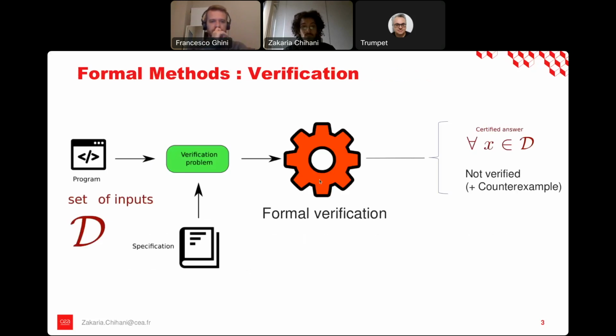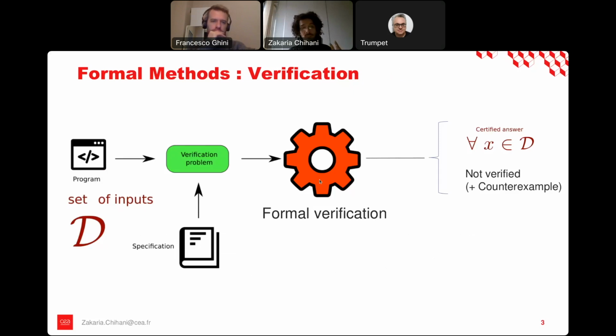So we're going to see two main families of formal methods. The first one is verification. In the broad sense, when we have a verification problem, we have an object to verify, which in our case will be a software, a program. We're going to have a specification for that program: the desired properties that it must satisfy, the danger states that it shouldn't get into.